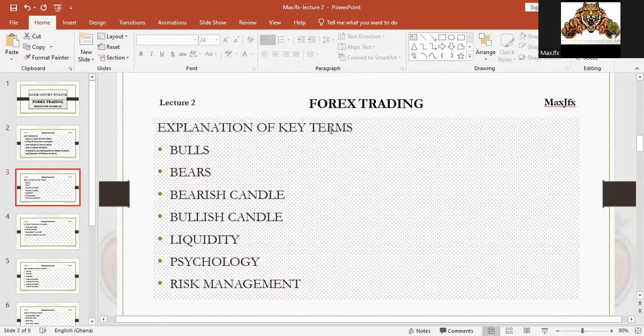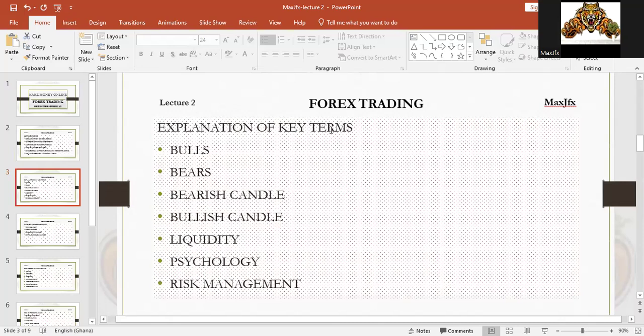And the bears are the opposite of bulls. These are the sellers in the market, and they speculate that the price of an asset or a currency would fall.